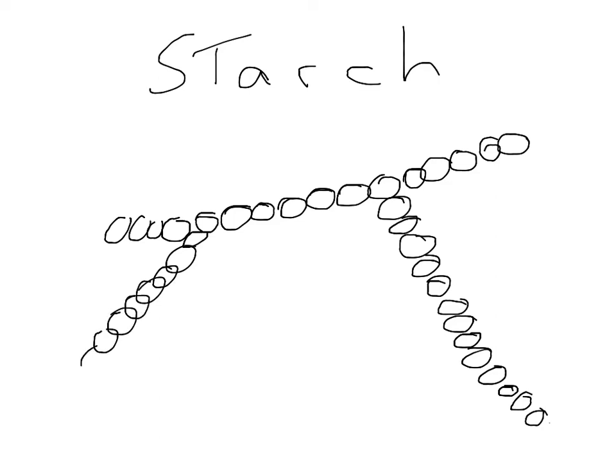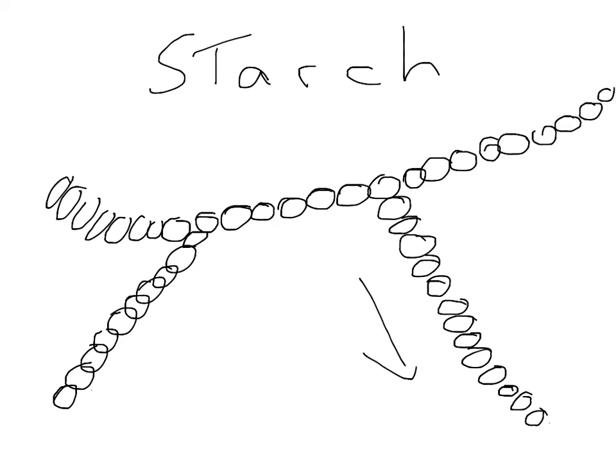But in starch, the glucose chains have longer lengths, meaning that there's not as much branching, and the branches are longer. So fewer branches and longer branches gives you an entirely different taste between the hamburger and the roll. Different texture, but it's the same stuff that you're actually eating.